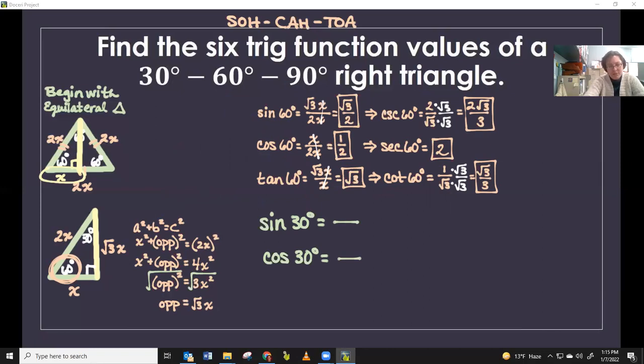What would the sine of 30 degrees be? So now I've moved and I'm standing up here now. Absolutely correct, Brendan. That's going to be 1/2. What's the cosine of 30 degrees going to be?